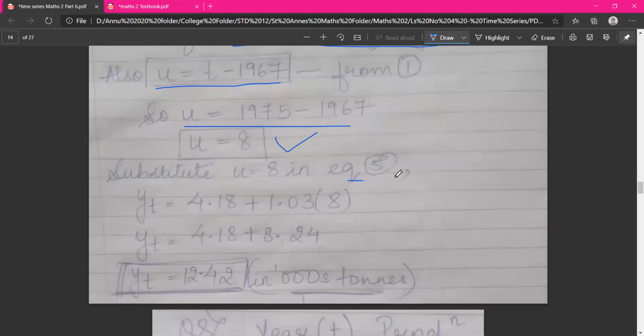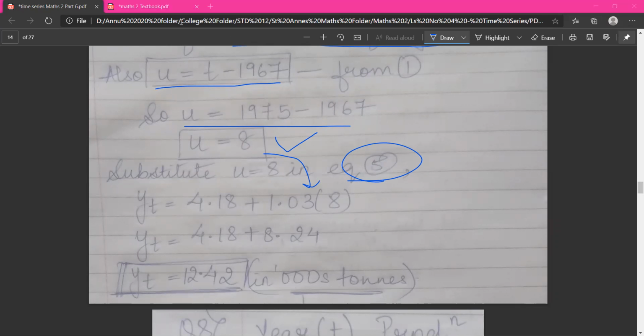So our trend line equation was equation number 5. In it you can substitute the value of u, just as you were doing for the previous years. So yt is equal to 4.18 plus 1.03 multiplied by 8. So 4.18 plus 8.24, yt you get the value as 12.42 in 1000 tons.